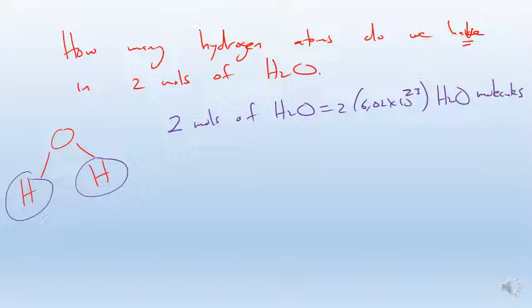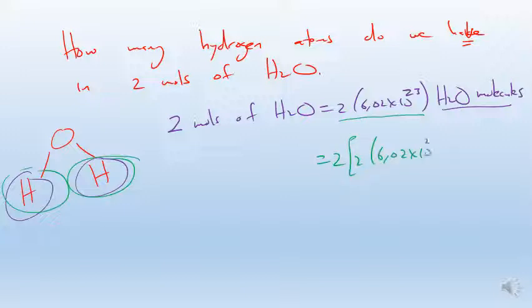And if each water molecule consists of 2 hydrogen atoms, then it's pretty obvious that we should take this number of water molecules and multiply that by 2 to get the number of hydrogen atoms.